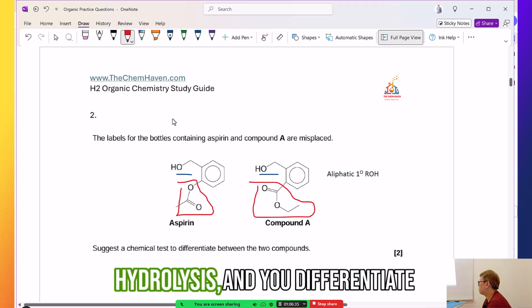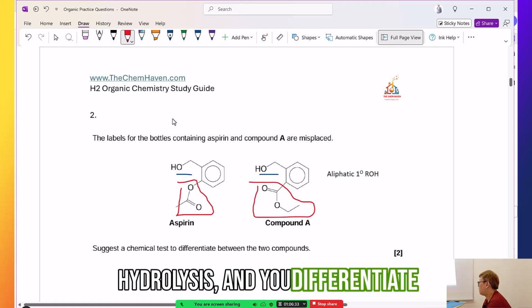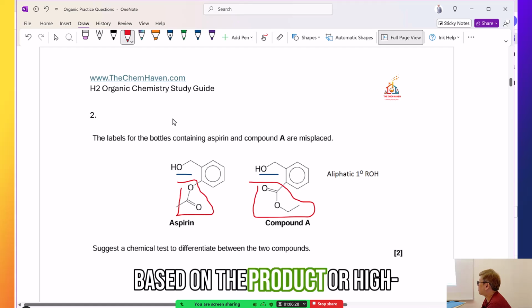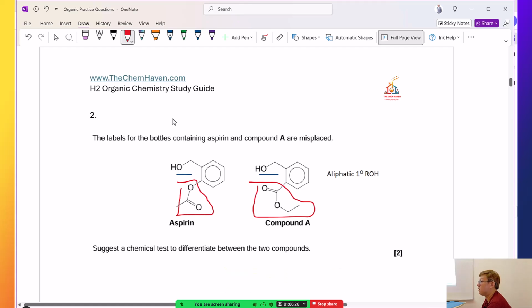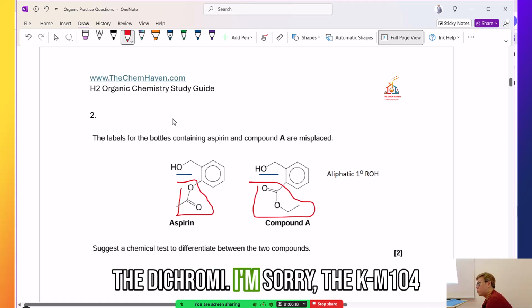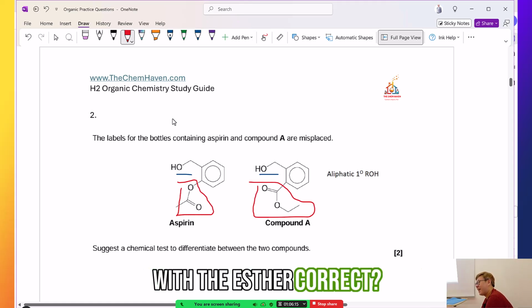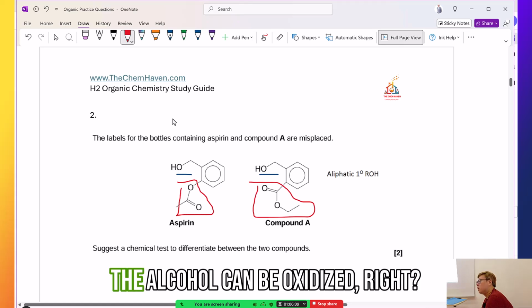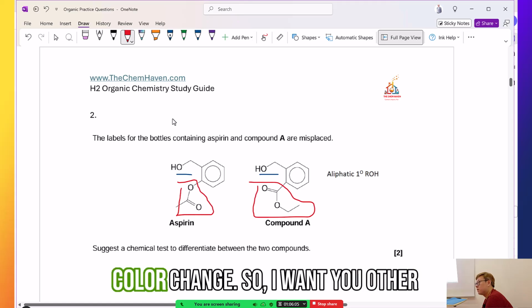You want to do hydrolysis and you differentiate the compounds based on the products of hydrolysis. Do you understand what I'm saying? For example, just now I spoke about the KMnO4 with the ester, correct? The alcohol from the ester can be oxidized after hydrolysis. So you will see a color change.